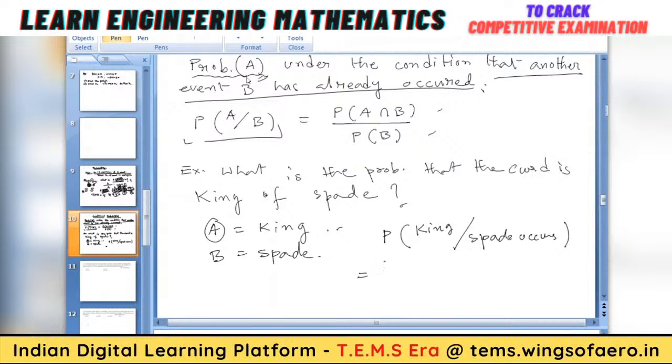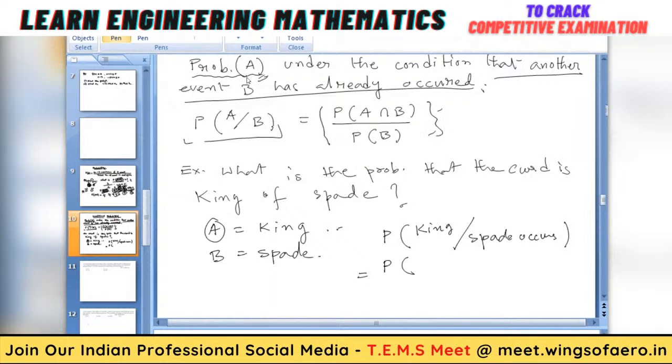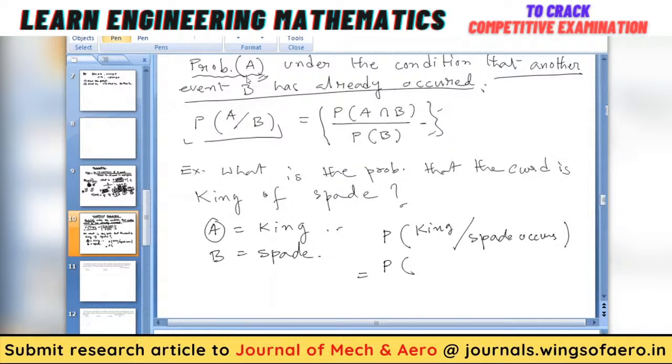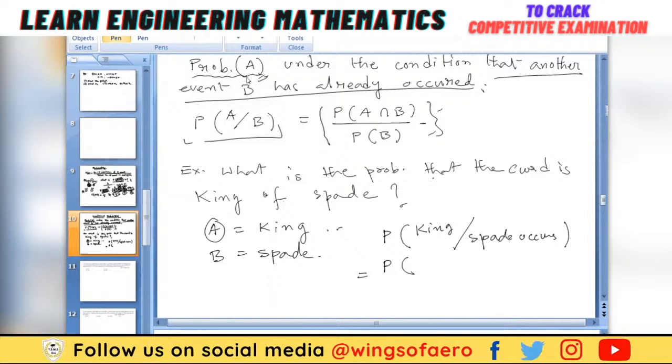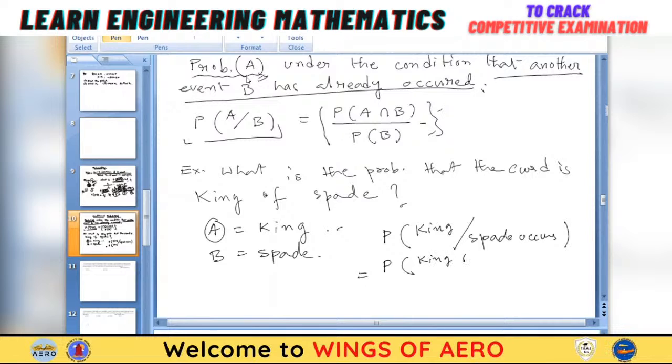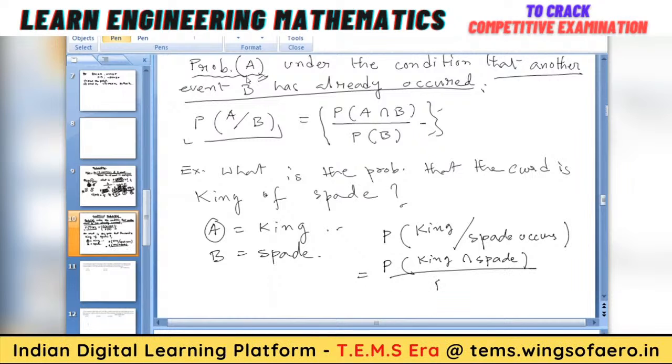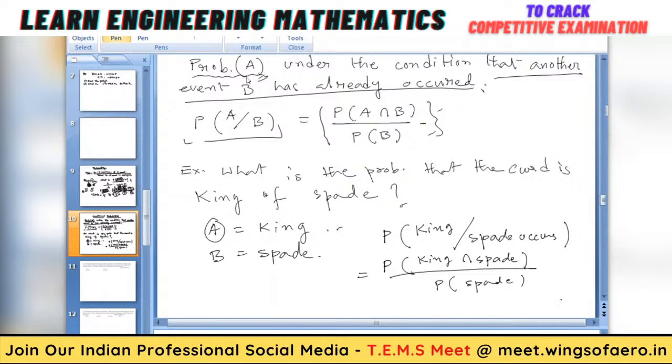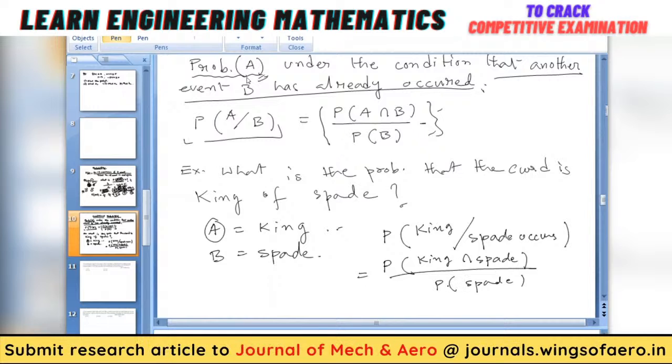Look at this formula: A given B means A intersection B divided by probability of B. So A intersection B means king intersection spade, divided by probability of spade.